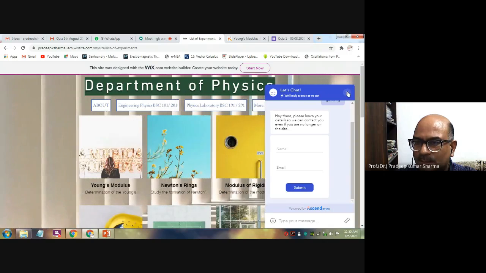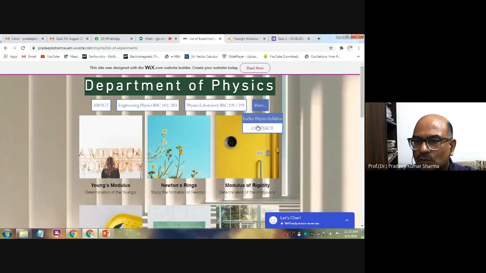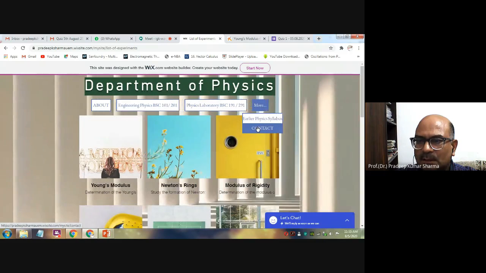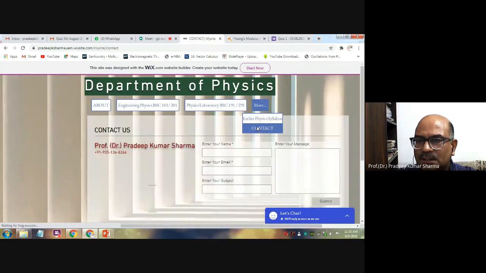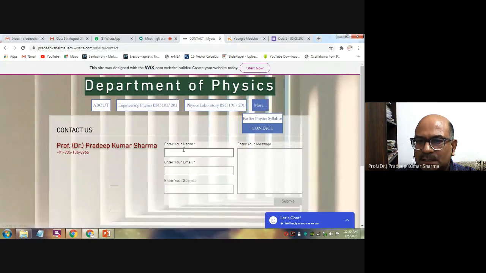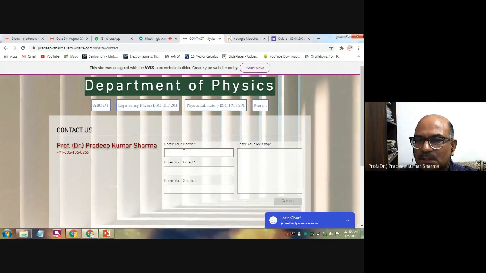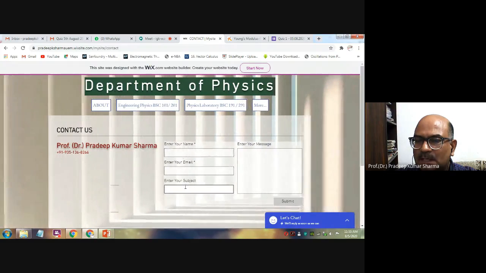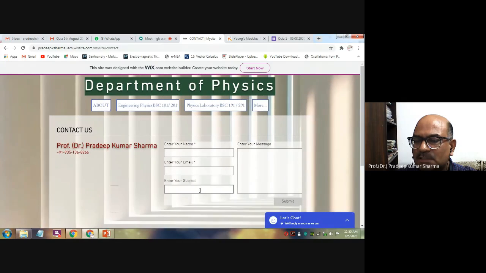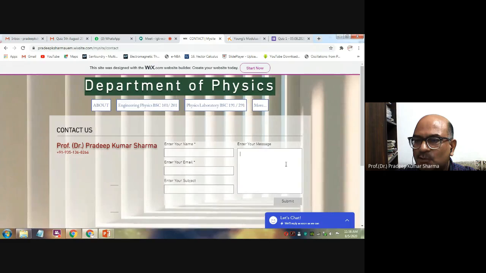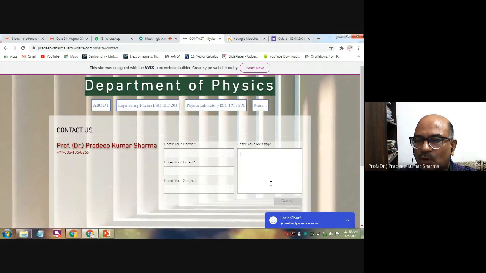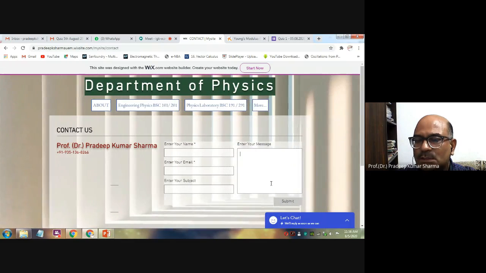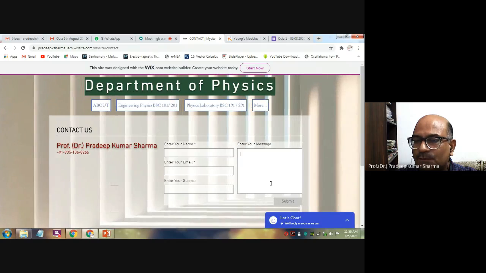This is one point. Then you can go for contact. In more, there is a contact. So again, it is here. My phone number is available. You write your name, email ID, and subject. Subject means your branch, and type your message. Is there any problem or any doubt, or any numerical you are facing some problem?